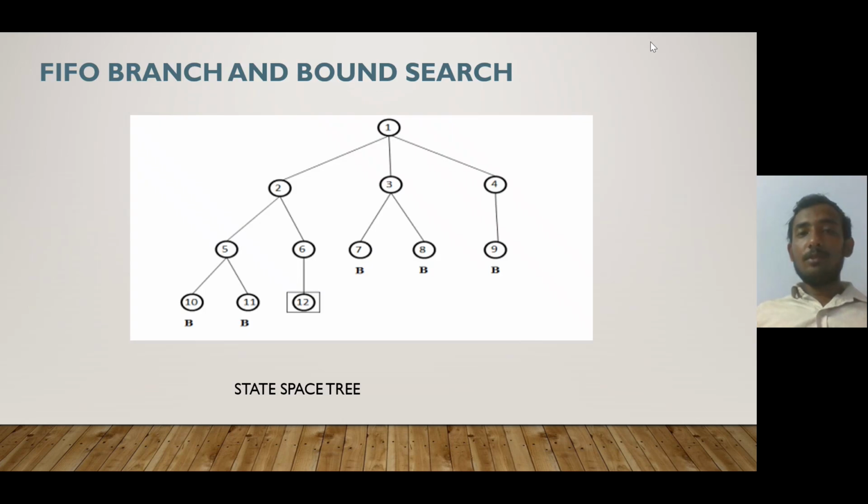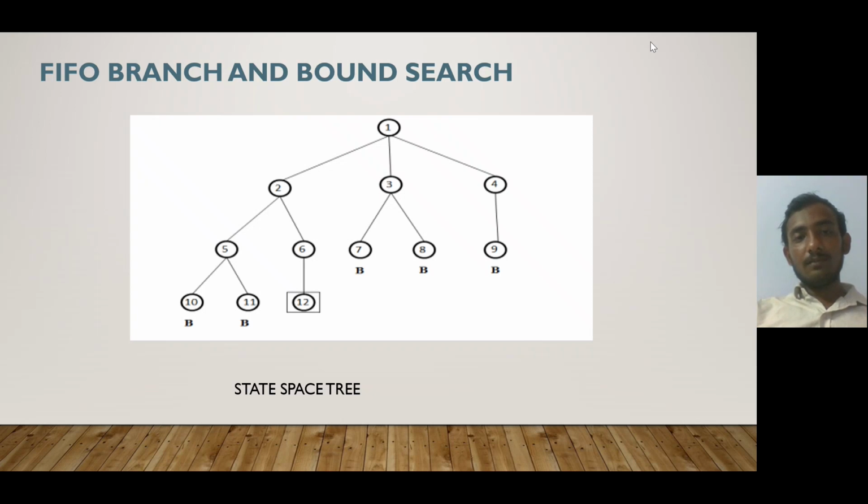Here is an example for branch and bound search. We can observe clearly that first the root node is 1. It generates children 2, 3, and 4. We are using FIFO, in the sense first in, first out. The first element which is inserted into the queue is 2.